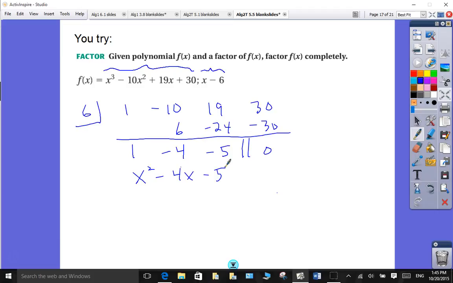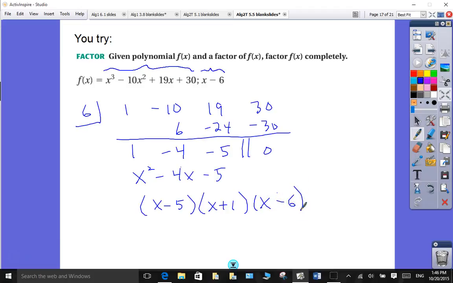Not rocket surgery, right? What is it? X minus 5, x plus 1. And the complete factoring would be those two and then the x minus 6.